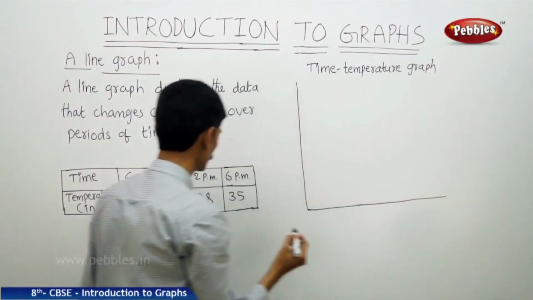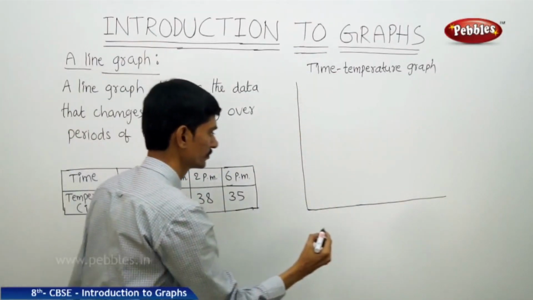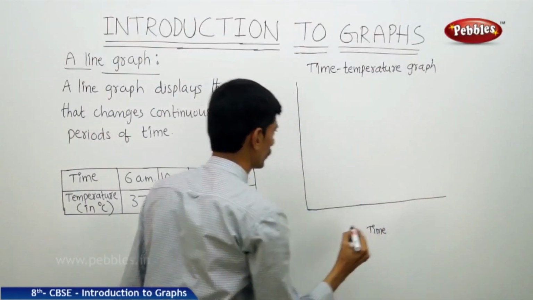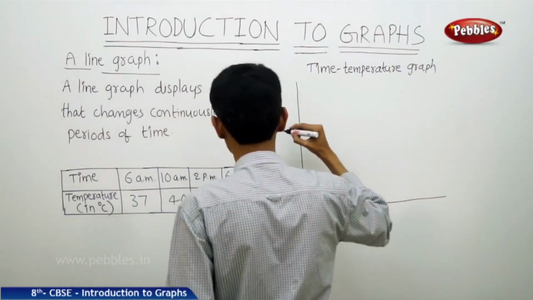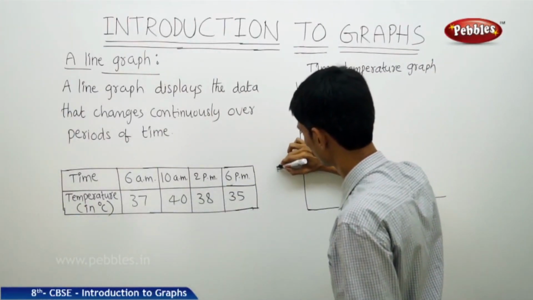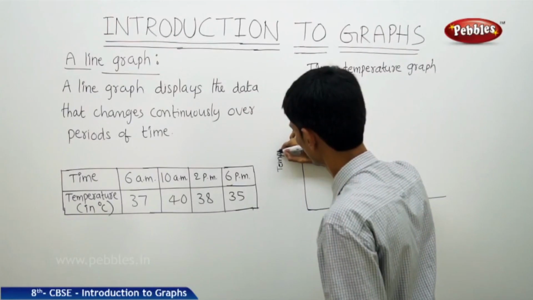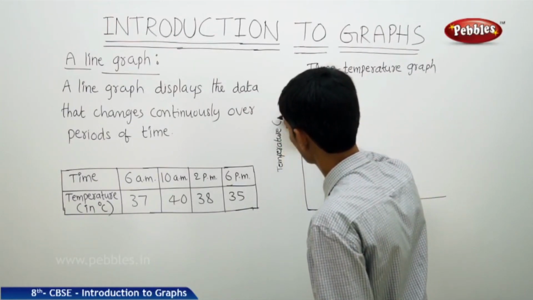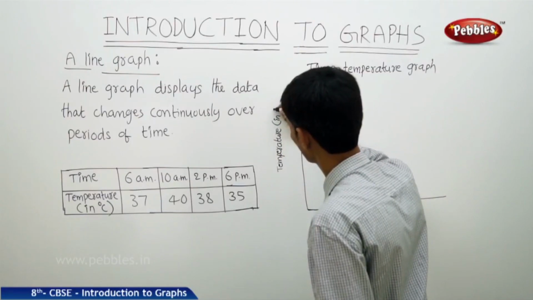On the horizontal line we will take the time, and on the vertical line we will take the temperature in degrees centigrade.